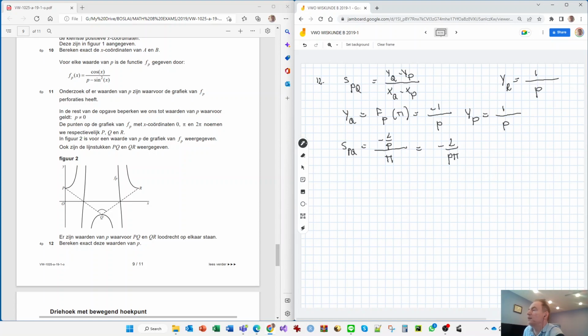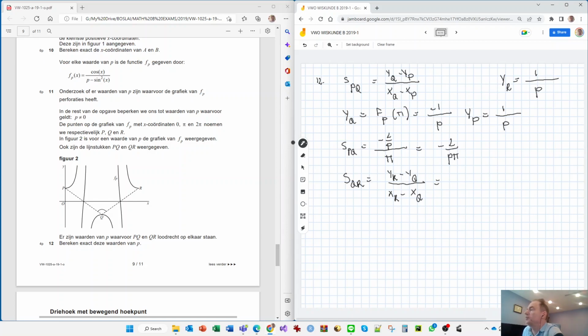And the slope of QR, that's then the y of R minus the y of Q. Well, let me still write it out: yR minus yQ, divided by the x of R minus the x of Q. What is the y difference?